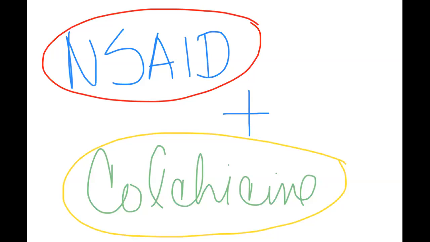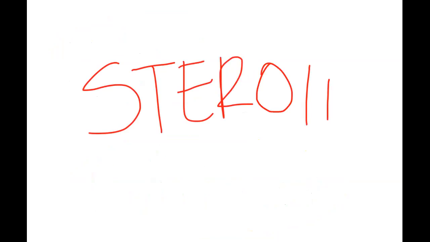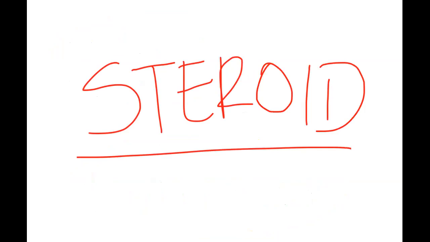There is a second option to treat the patient with pericarditis. That second option is the steroid. But when we are going to give a patient a steroid to treat pericarditis, we need to be sure that we are not able to give the patient NSAID plus colchicine.